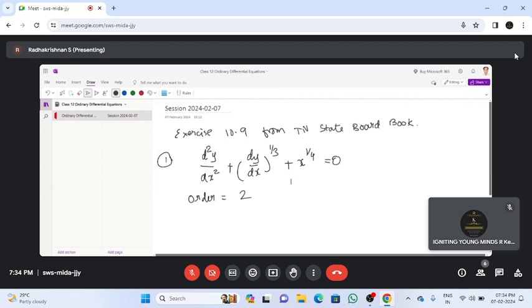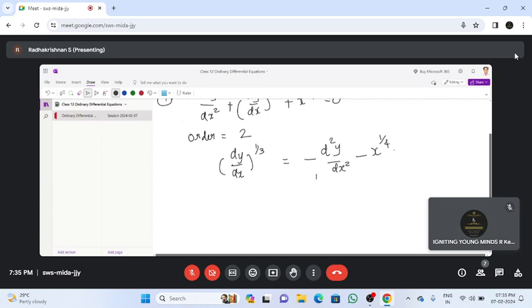Therefore, what we should do is rewrite this as dy by dx whole to the power of 1 by 3 is equal to minus d square y by dx square minus x to the power of 1 by 4. First step, you write like that.